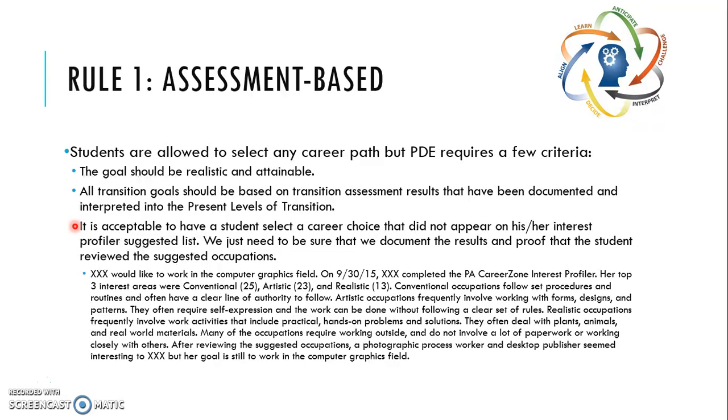We need to make sure that we're documenting the results and the proof that the student reviewed the suggested occupations. So we can say in here that they looked at them. They were reviewing the suggested occupations and said, yeah, this one might be interesting, but you know what? I think I still really want to go into the computer graphics field. That's fine. We just need to make sure that we're documenting that they did that research.